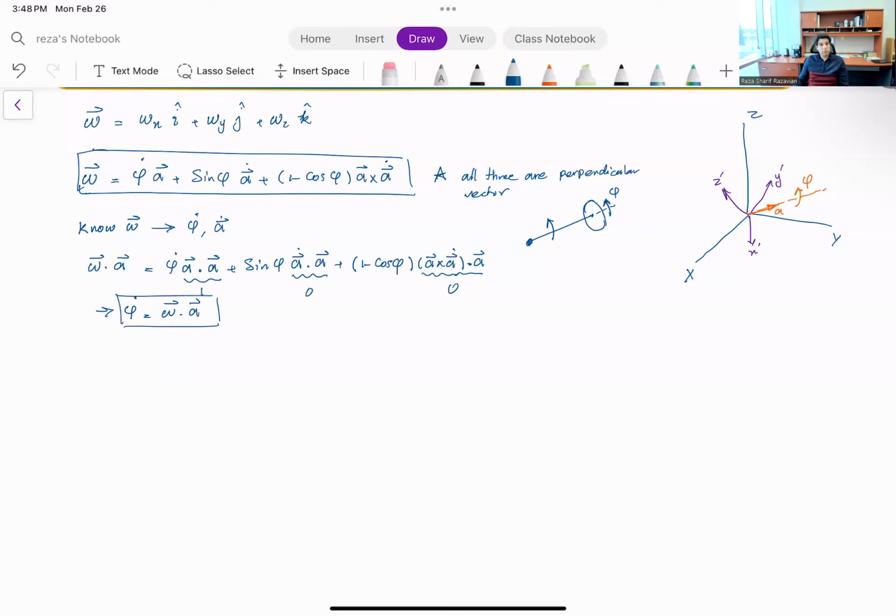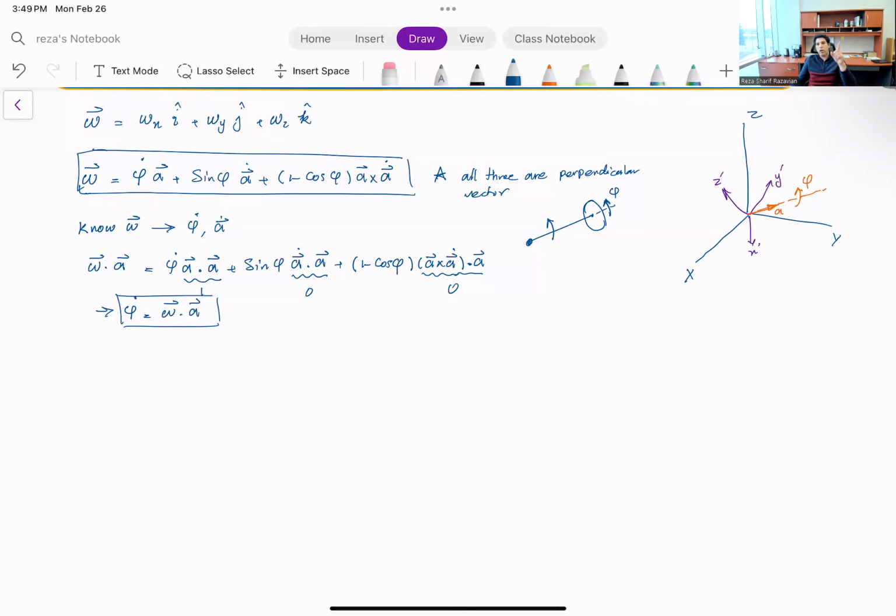So rather compact, useful. If I know the vector of my angular velocity, I can find the projection of that along the axis of rotation. That gives me the rate of rotation about that axis. And I think, I'm not too sure, but my senses say that this is true for any arbitrary axis.